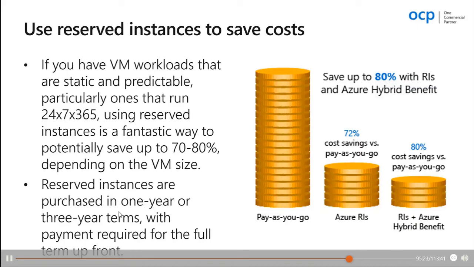With reserved instances, I purchase a 1 year or a 3 year term, and I pay that fully upfront, or I can even now pay every month too, but I make a commitment that I need to pay that for 3 years. Because you make that commitment, Microsoft will give you lower prices, and it can give you savings that can go up to 70%.